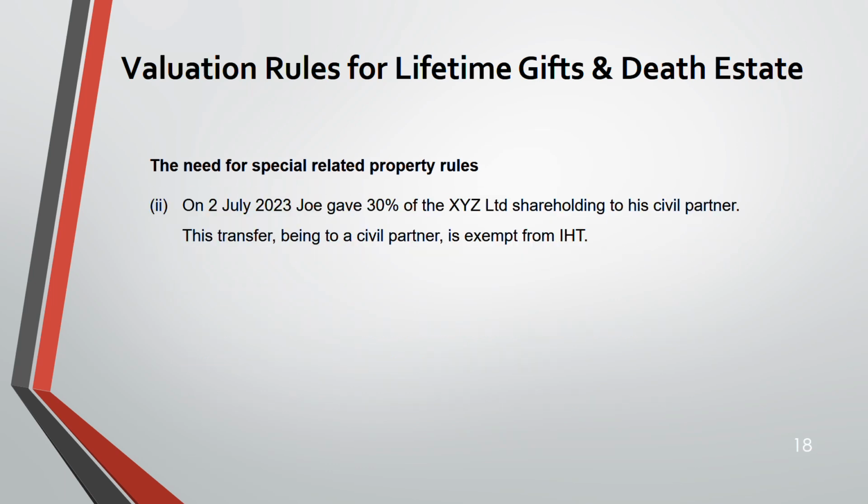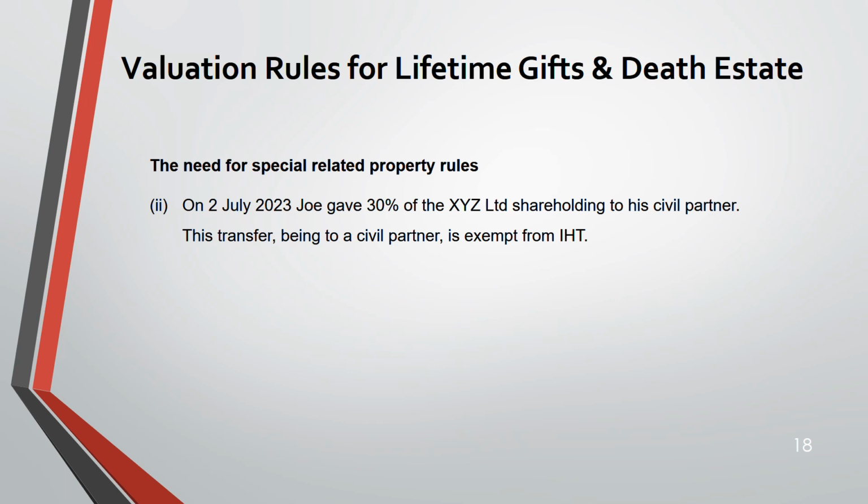Now, on 2nd July, Joe gives 30% of the shareholding to his civil partner. This transfer to a civil partner is exempt from IHT. Whether it is a civil partner or spouse, they are exempt from IHT. From 60%, giving 30% to the spouse or civil partner is exempt.